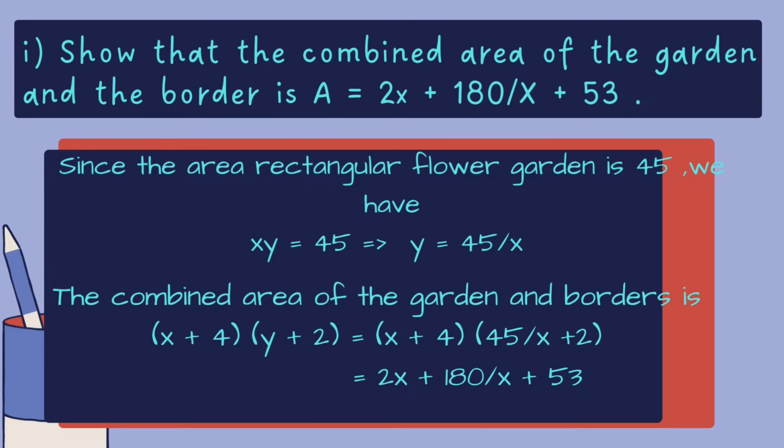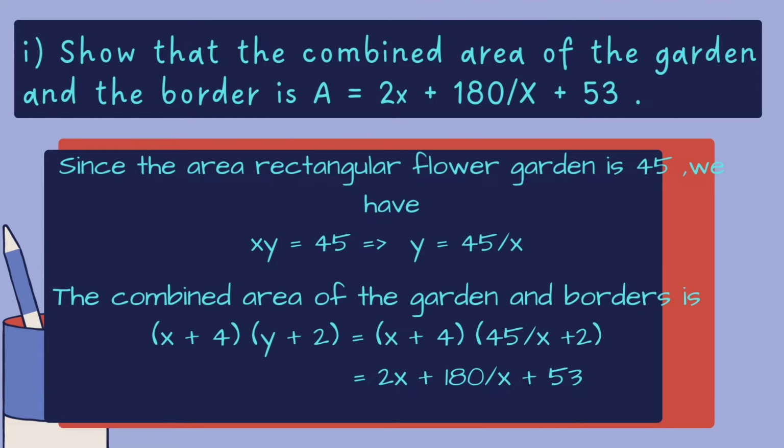Show that the combined area of the garden and the border is A equal to 2x plus 180 per x plus 53. Since the area of the rectangular flower garden is 45, we have x multiply y equal to 45. Convert it to y equal to 45 per x.